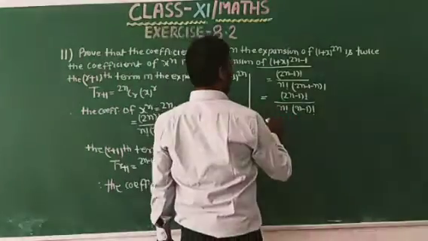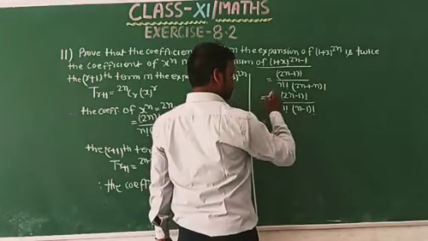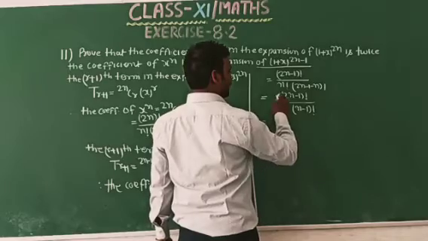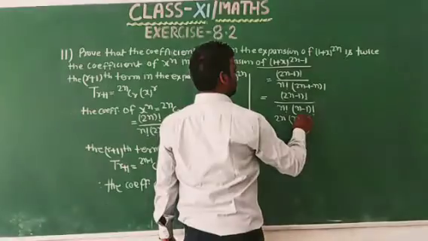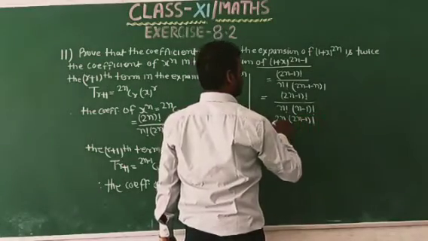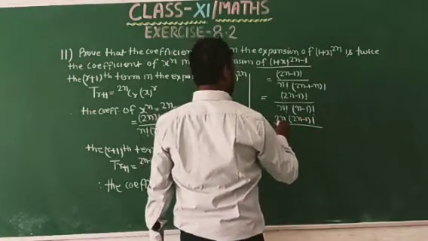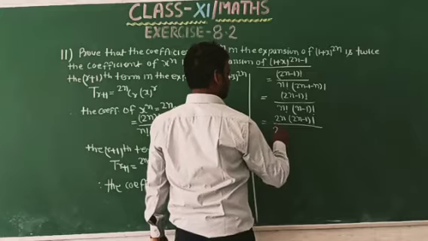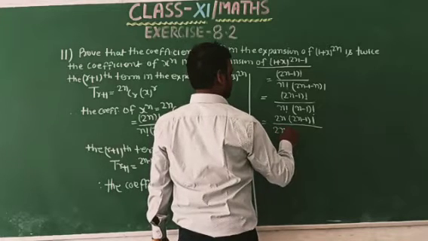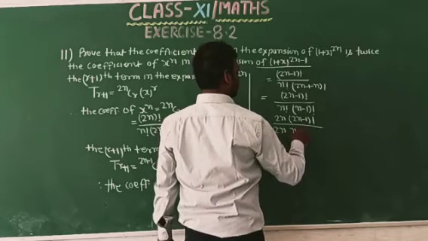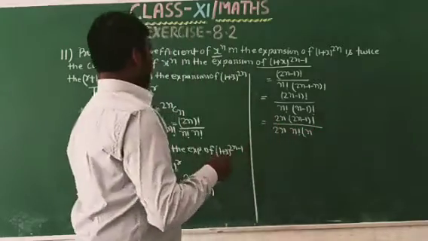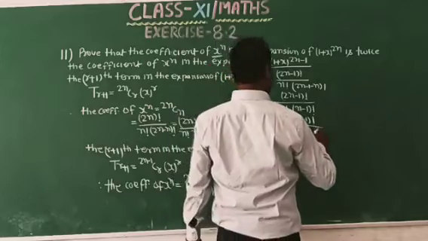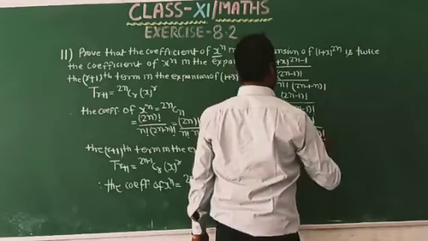Now multiply by 2n, so this is 2n into 2n minus 1 factorial by 2n into n factorial and (n minus 1) factorial.